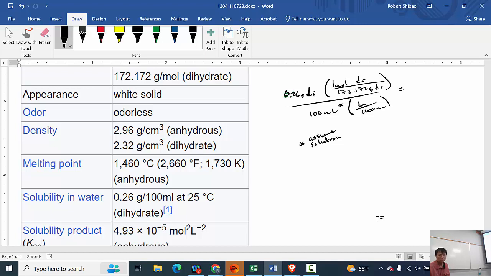I got 0.015 mole. Give me one more digit. 0.0151. 0.0151 molar. All right.